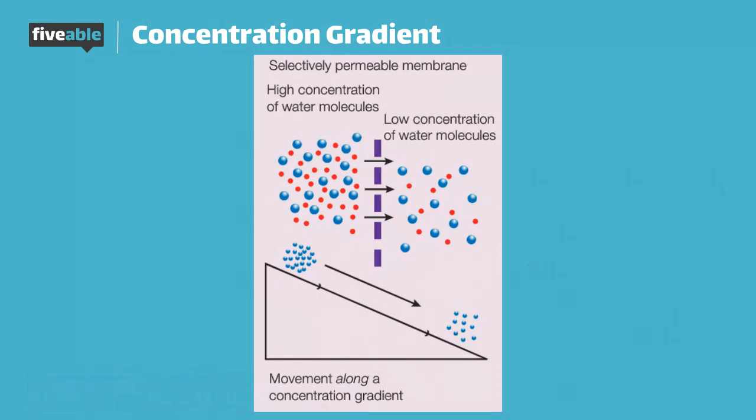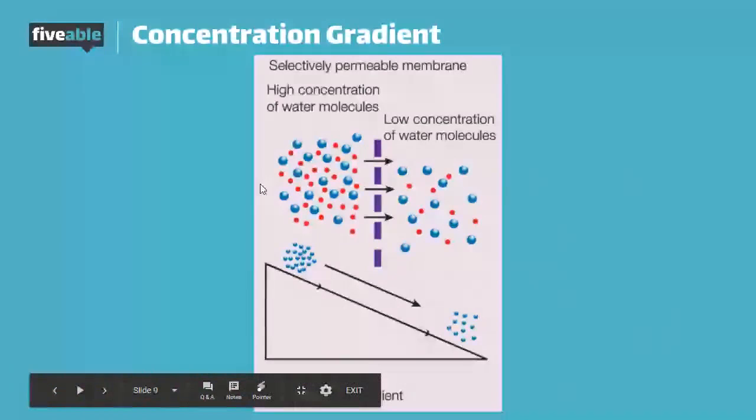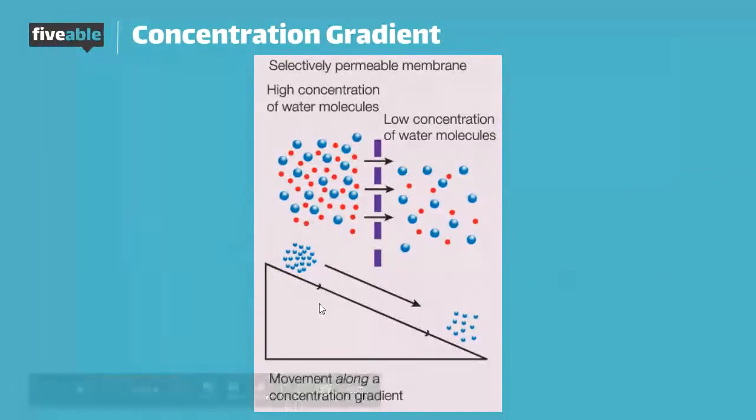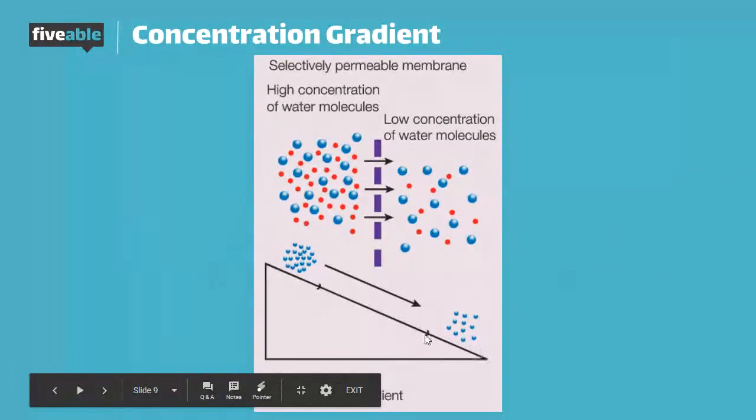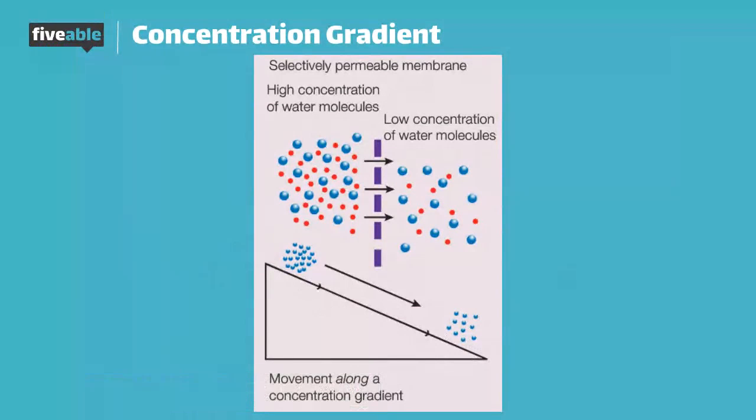On the flip side, if we were to move from an area of lower concentration to an area of high concentration, think about it as a hill. If you had to climb uphill from low to high, if you had to climb a mountain, you're going to have to exert a lot of energy, right? Same thing happens with molecules. So in their climb from low to high, they're exerting energy, and that's going to be when we talk about active transport.